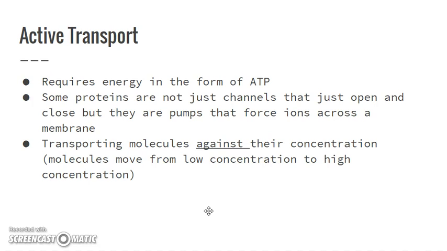And some proteins are not just channels that open for facilitated diffusion, but they are also used as pumps to force ions across a membrane. When we do active transport, we're transporting molecules against their concentration gradient. So molecules are moving from low to high concentration, thus they are moving up their concentration gradient.